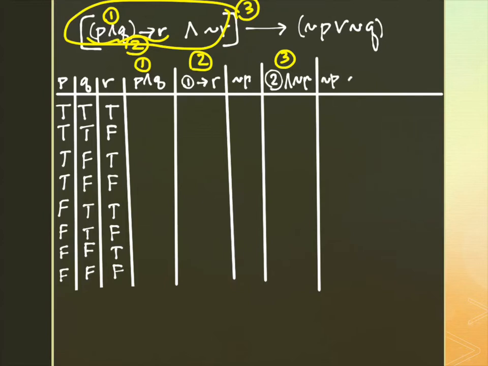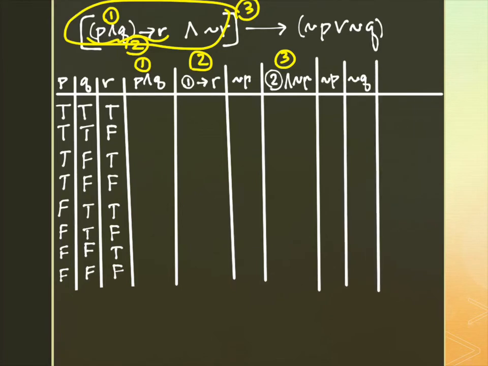Tilde P, tilde Q. And then I have tilde P or tilde Q. And the last one, we'll shrink it to get it in there in a second, will be to take 3 and my new column that I just created, 4, and to do the arrow between.